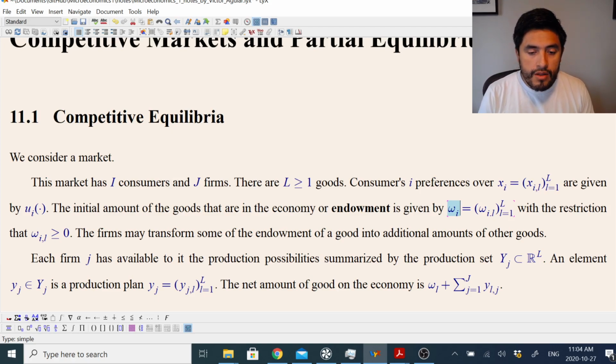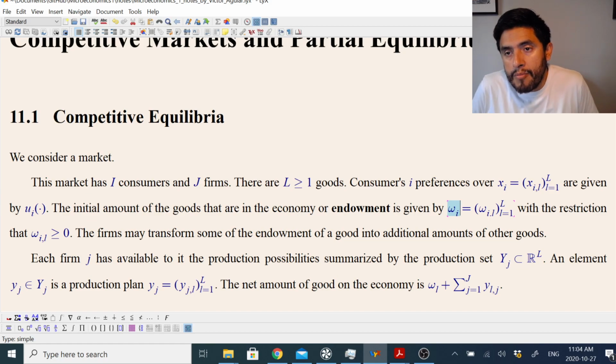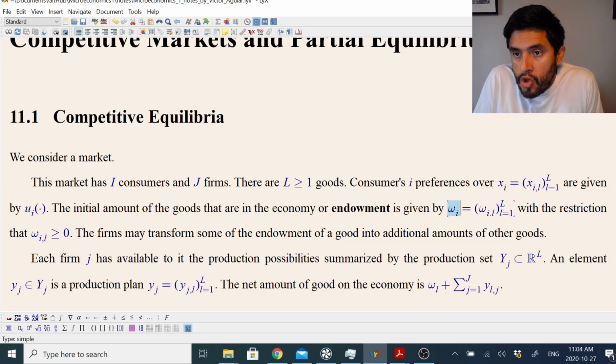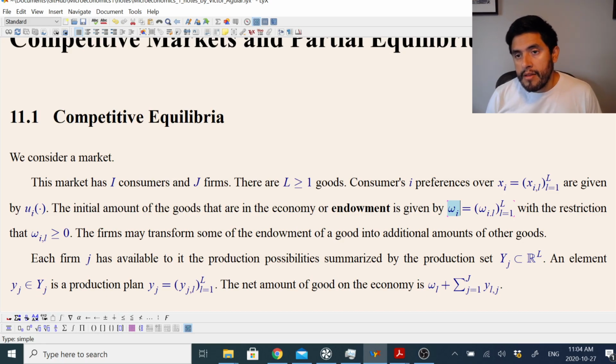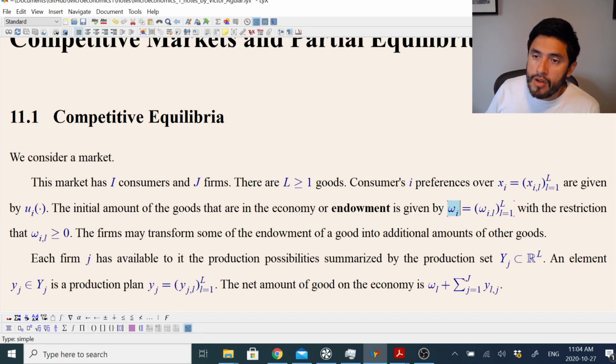Imagine I want to give them apples and oranges, so we have two goods. Then the endowment is basically the quantity of apples and oranges each agent has. If there is a total of 10 apples and 10 oranges, the total endowment, the summation of the omegas for each good, is a vector equal to 10 for the apples and 10 for the oranges. Now, the individual allocation omega i of apples and oranges will depend on the experimenter.